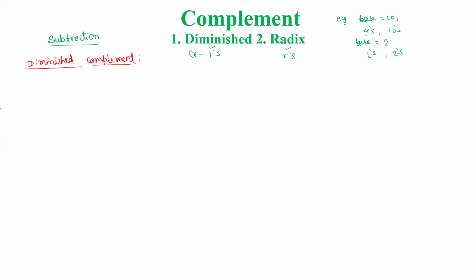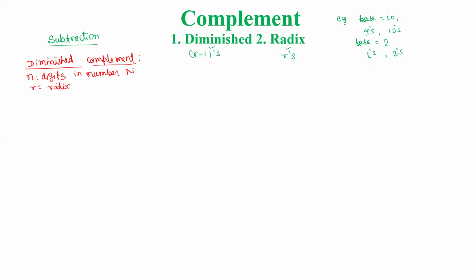The logic is that whenever a number is given for which we are trying to find the diminished complement, suppose that number has n digits, like 5 digits or 6 digits. Capital N represents the number, and R is the radix.